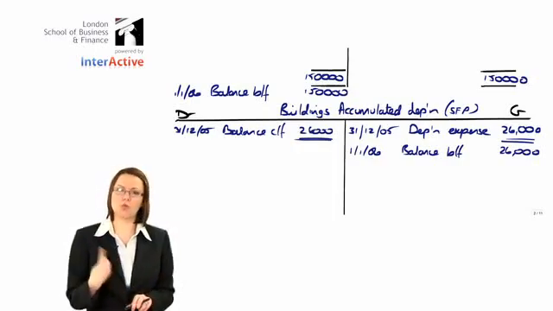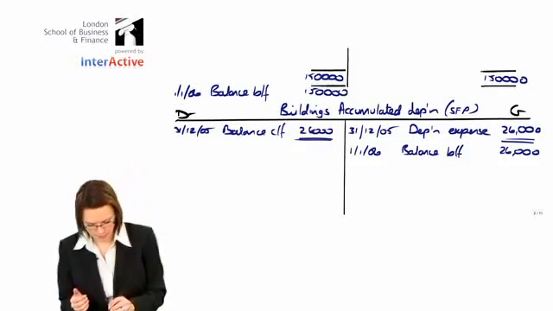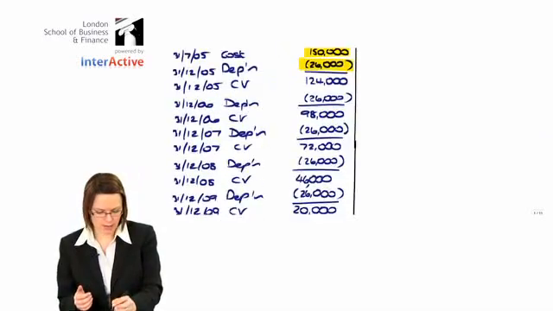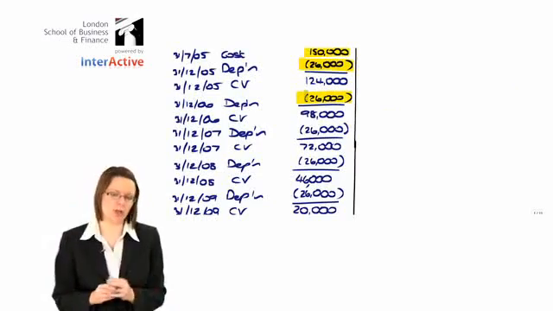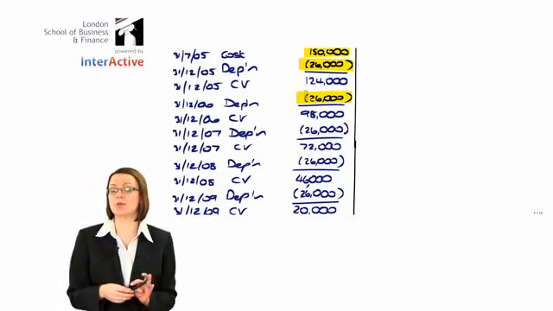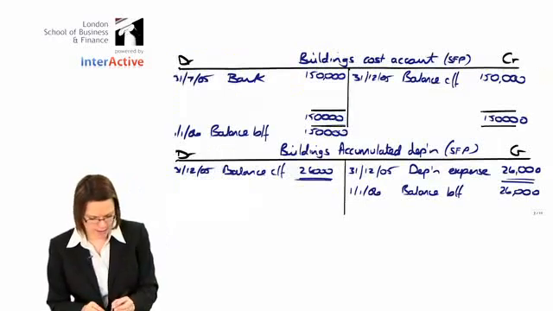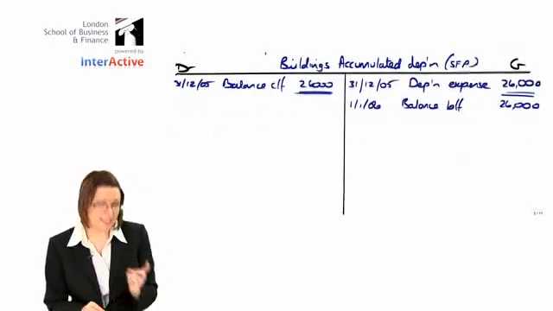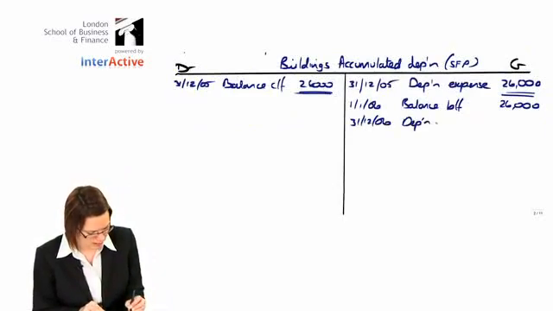Now, let's just do one more just to make sure we're happy with the double entry. So, in the next year, we depreciated again with $26,000. That $26,000 we're going to do the double entry posting. So, in the next year, we're going to credit the accumulated depreciation account as our depreciation expense for the year.